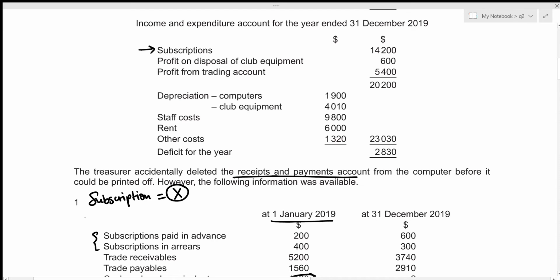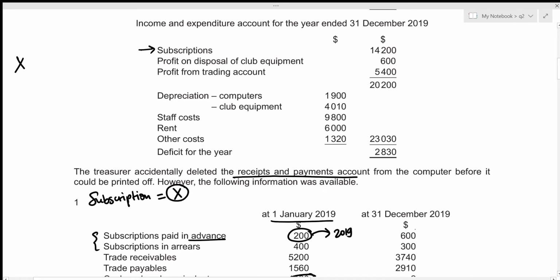Let's do that. Okay, I'm just going to write it right here. So we will be starting with our actual subscription received, which we would take from the receipts and payments account. Then we adjust all of our subscription in advance and subscription in arrears. So firstly, we have our subscription in advance, right? And the subscription in advance at 1st January 2019 means that this was actually paid in the year ended 31st December 2018. And if it was an advance at that particular date, then this definitely associated with the year 2019, right?